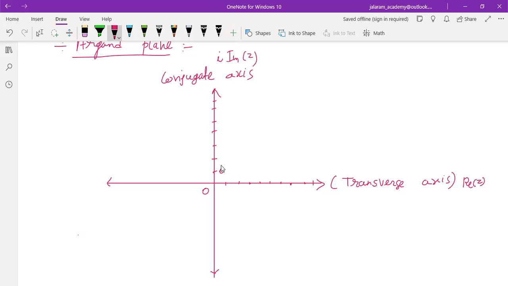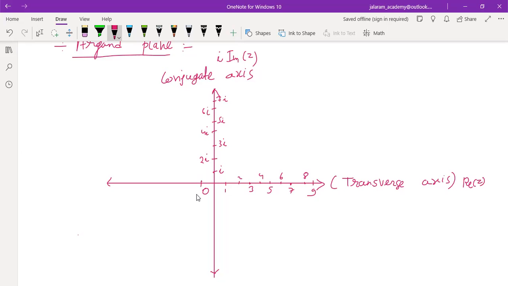Means 1i, 2i, 3i, 4i, 5i, 6i, and 7i. I am writing it alternately so that you can understand it separately. 1, 2, 3, 4, 5, 6, 7, 8, and 9. Understood? So these are the transverse axes.